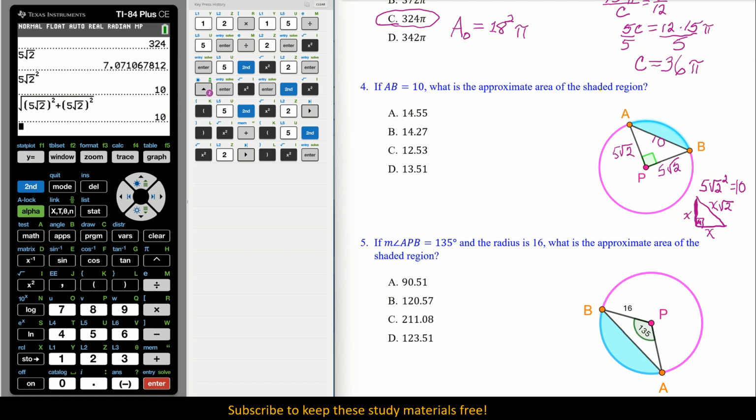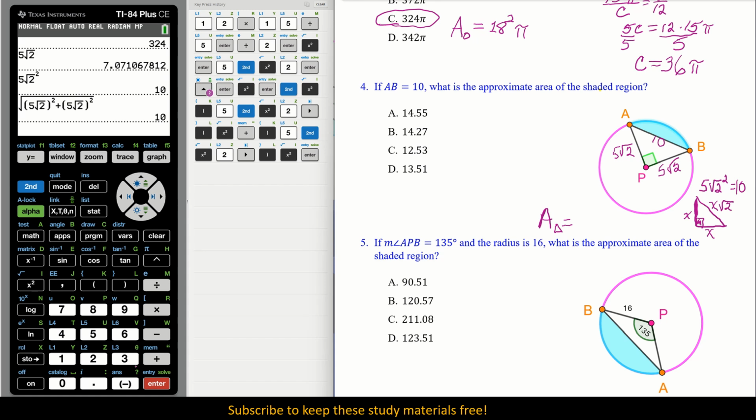Okay, with that radius, we can obtain the area of our triangle, which we'll need because we need to subtract that from the sector area. Okay, all right, so let's do that really quick. So we have, let's see here, area of our triangle equals, so that's pi r squared.